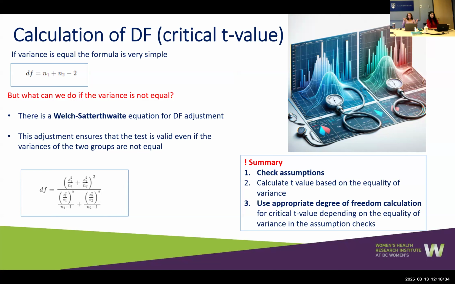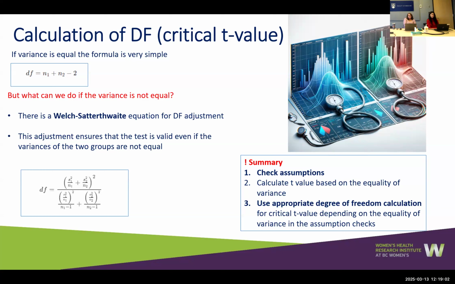It's the sum of the number of people in our two samples minus 2, because we lose 1 degree of freedom for each sample. But if our variance is not equal, then we're going to use the Welch-Satterthwaite equation for degree of freedom adjustment, and the formula will be different. I put it on the screen if you're interested to look into it.